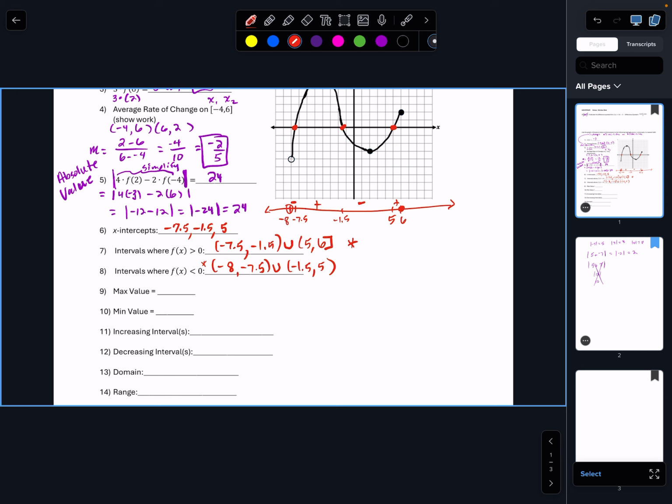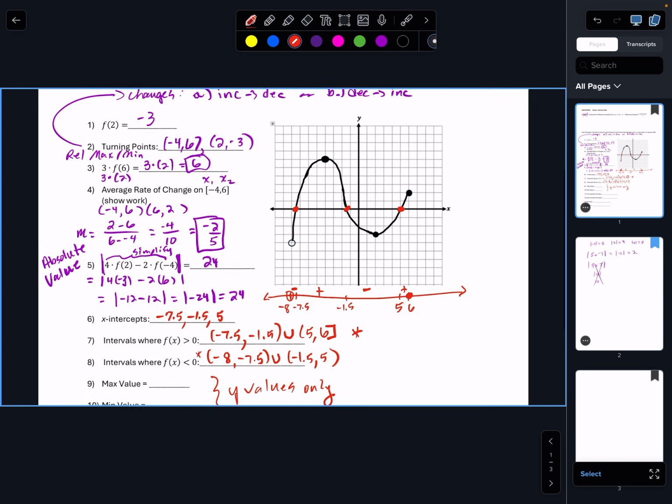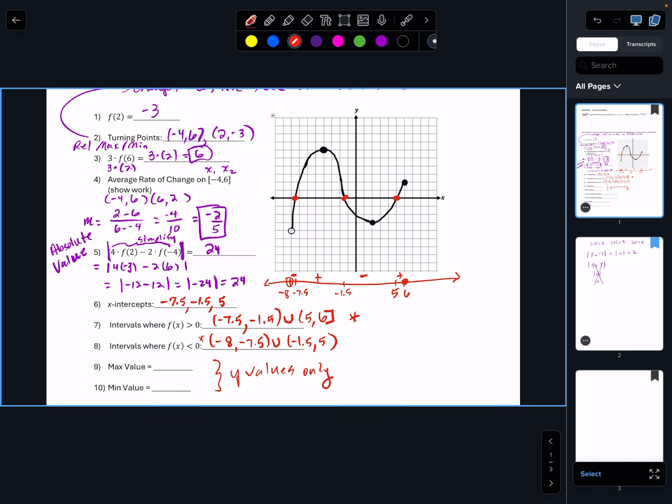All right, on 9 and 10, for the max value, min value, I want y values only. So on number 9, there is a max value. The highest place that this hits is right here, and the y coordinate for that is 6.